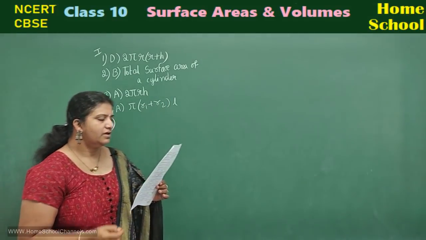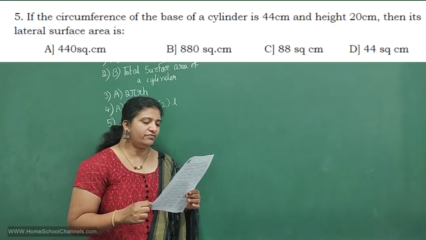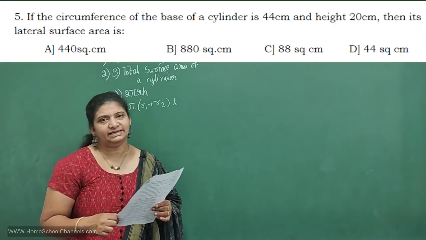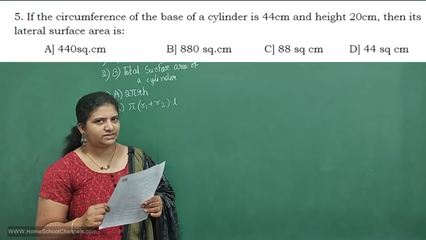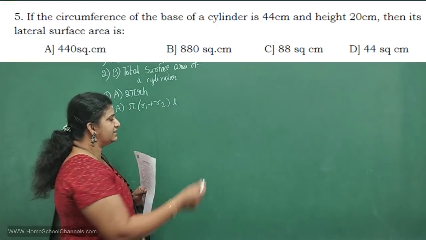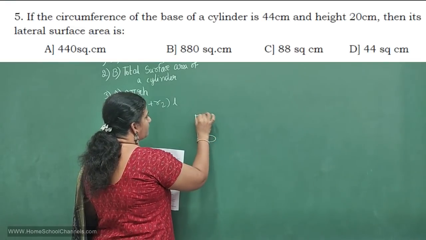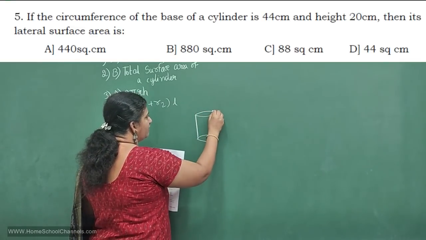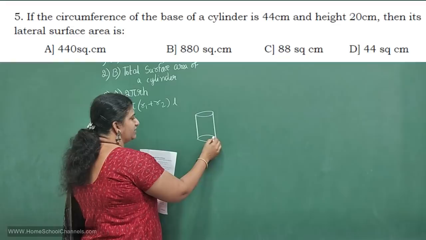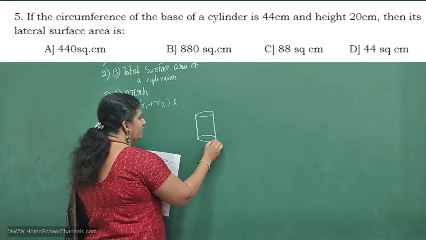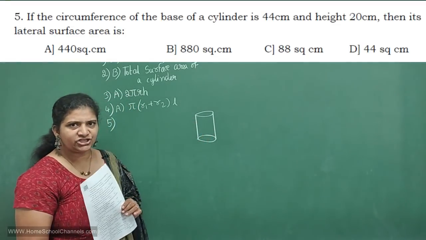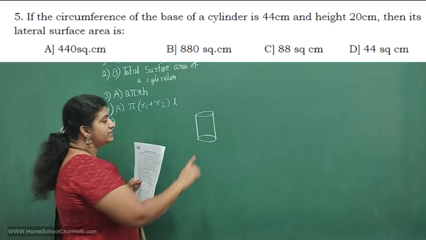Fifth one. If the circumference of the base of a cylinder, let us try to understand this. Circumference of base of the cylinder. See here, this is the circumference. It is in which shape? Circular shape.